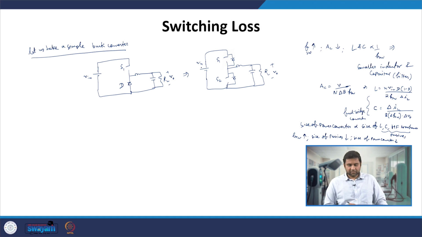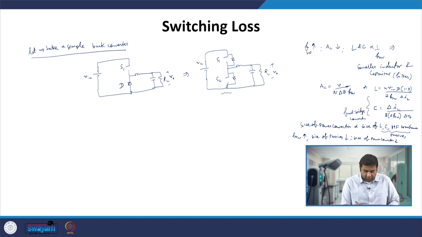In both cases we have this particular half bridge, which is one of the conventional building blocks of any voltage source converter.